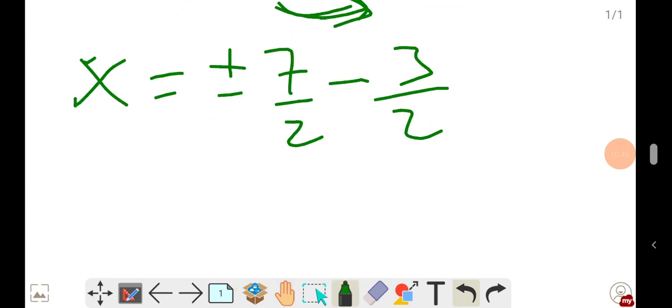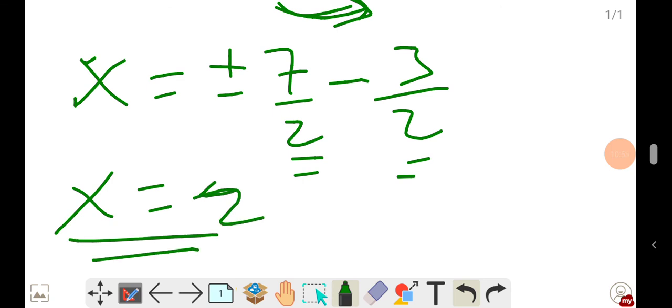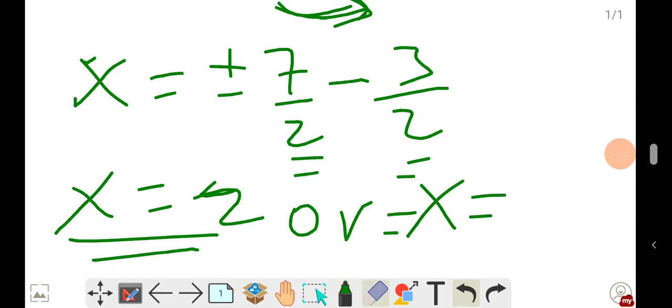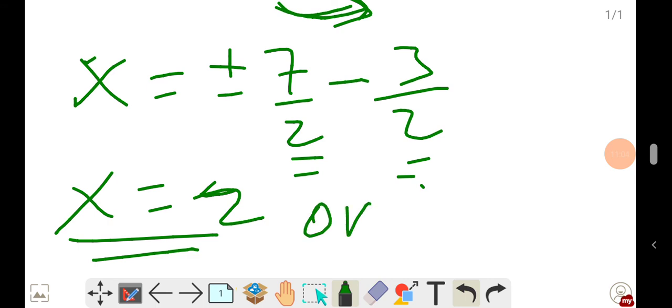Then x is equal to 7 minus 3, because the denominators are the same, directly we add: 7 minus 3 is 4 over 2, which is 2. One answer. Or the other answer, x is equal to negative 7 minus 3, which is negative 10 over 2, which is negative 5. So we have got the same result.